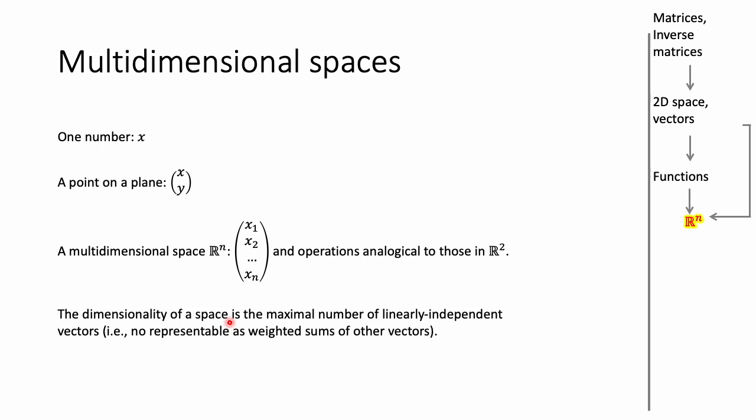In a two-dimensional plane, you have two vectors which cannot be expressed one from another, the vertical vector and the horizontal vector. Any other vector can be represented as their weighted sum. In a three-dimensional space, any arbitrary vector can be represented as a weighted sum of the longitudinal, the horizontal, and the vertical vector. But those three cannot be represented from each other. This concept is used to define the dimensionality of an arbitrary space.